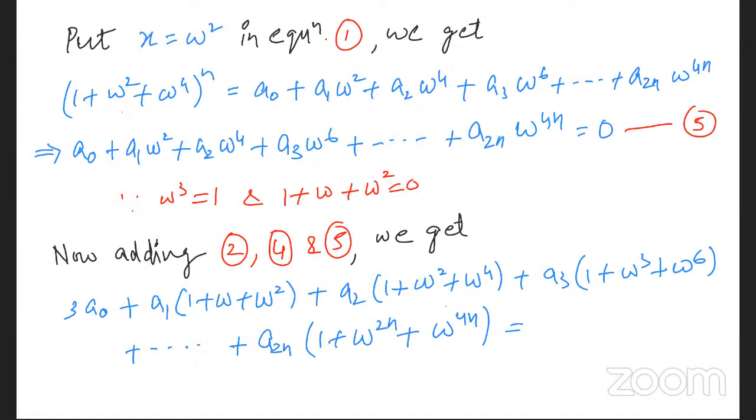On the RHS we get 3 to the power of n, and we shall simplify this further using these identities.